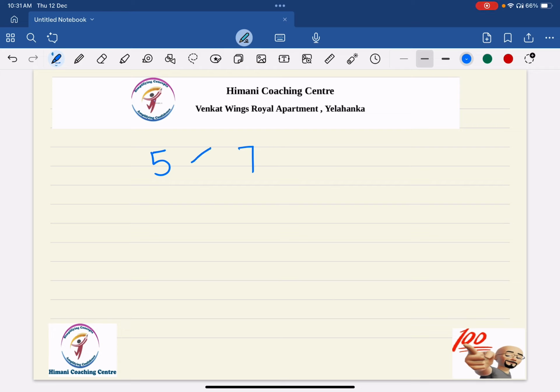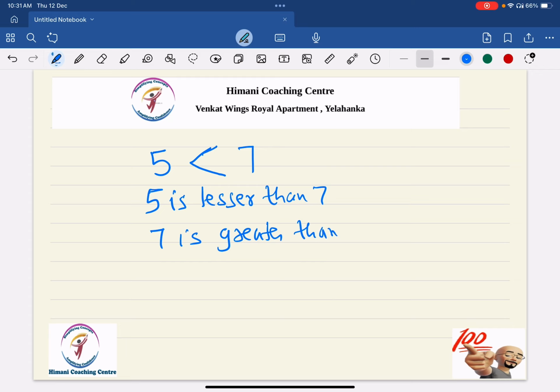We write like this. So this sign means 5 is lesser than 7. It also means 7 is greater than 5.